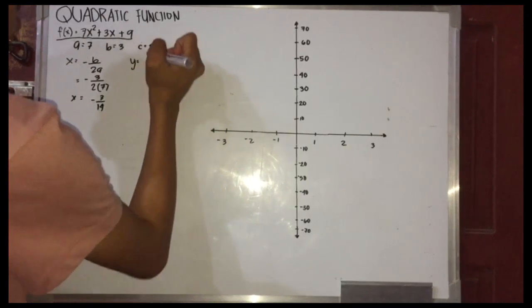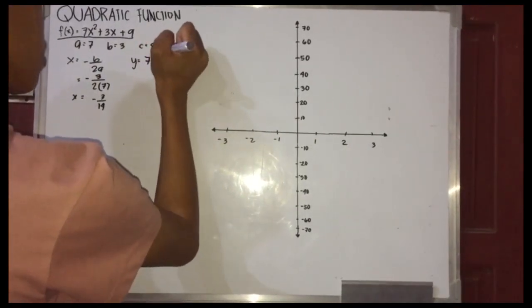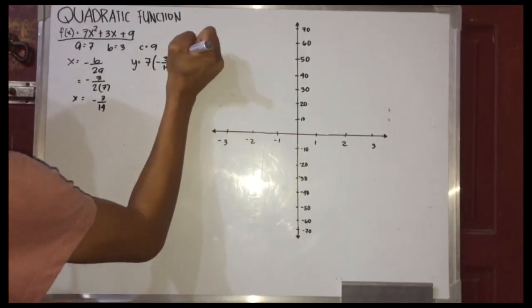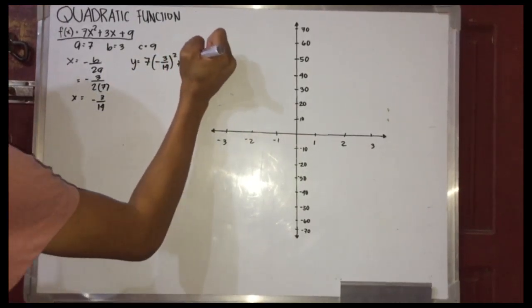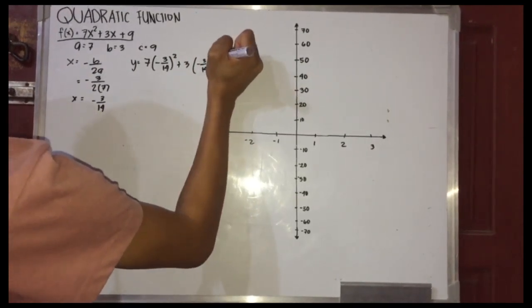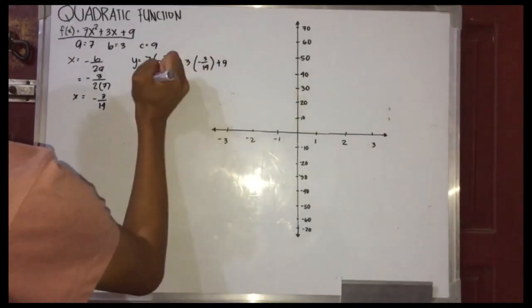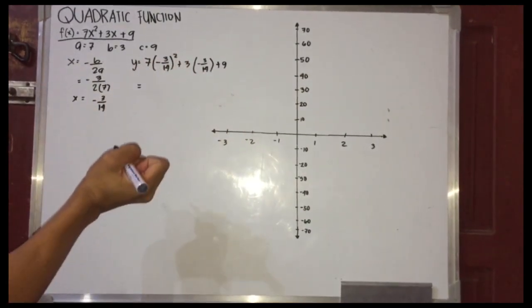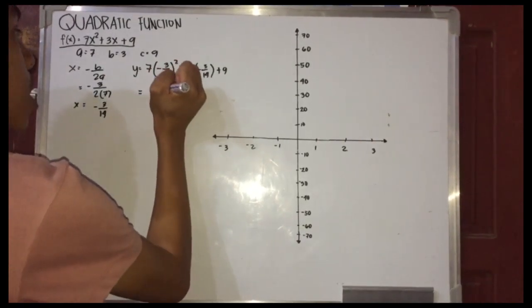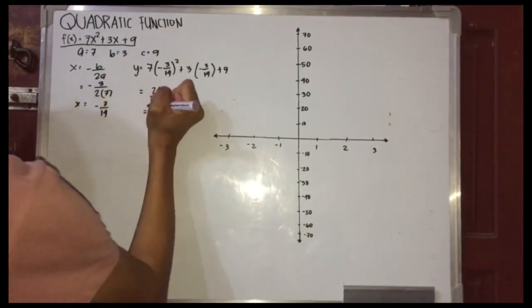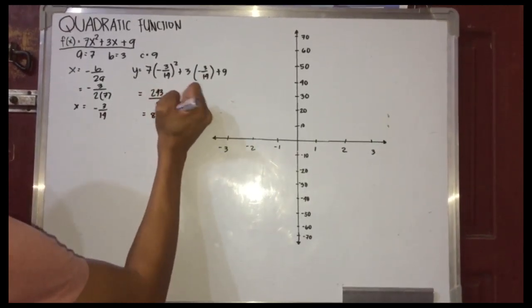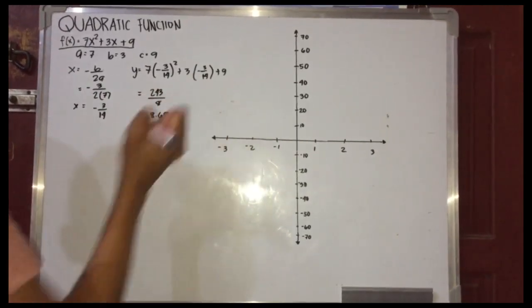So 7 times negative 3 over 14 squared plus 3 times negative 3 over 14 plus 9 is equal to 243 over 28, or approximately 8.69.